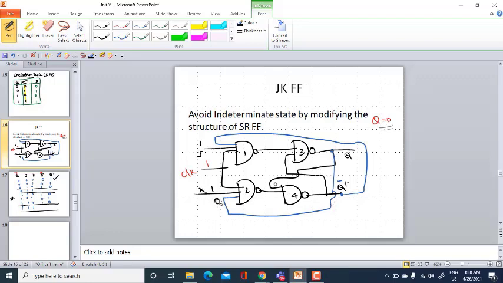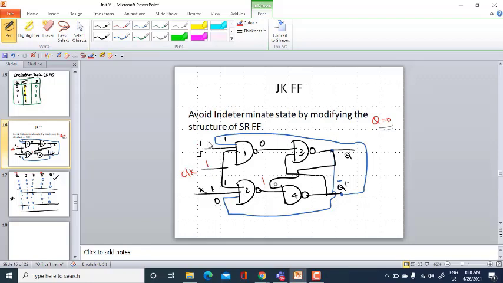So the inputs are 0, 1, 1, and this will be 1. I'm sorry, I made a mistake here.